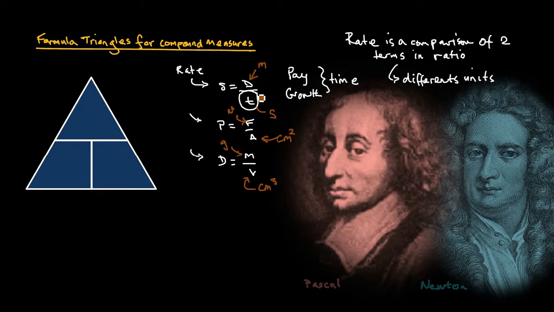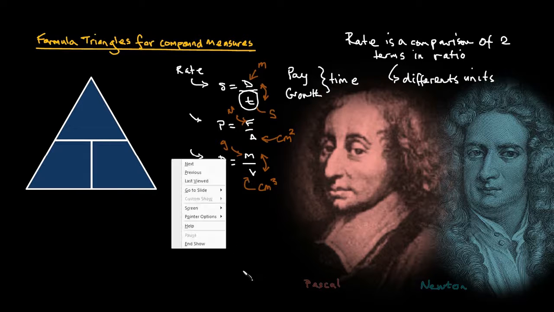So if you increase one, you increase the other, and vice versa. But also you've got a measure in both the first term and the second term in the ratio, and because they're measures, they're in different units of measurement.